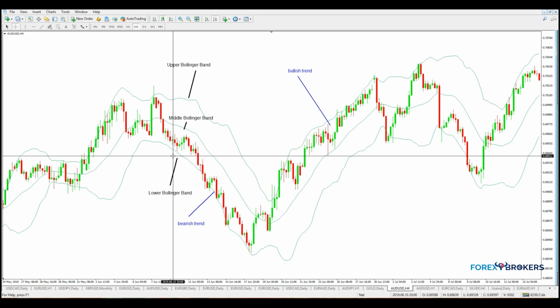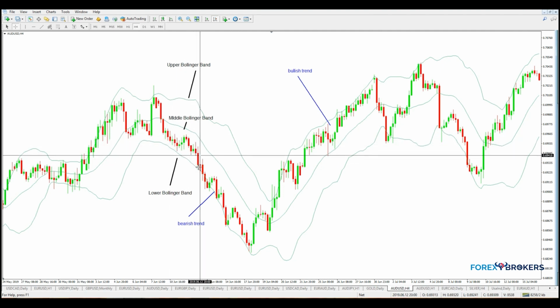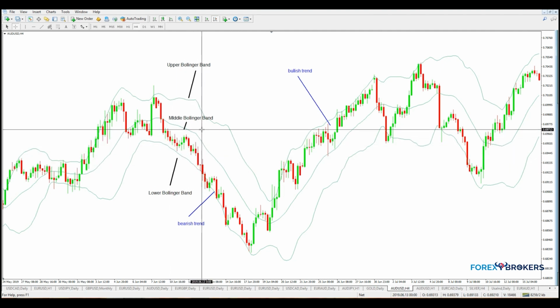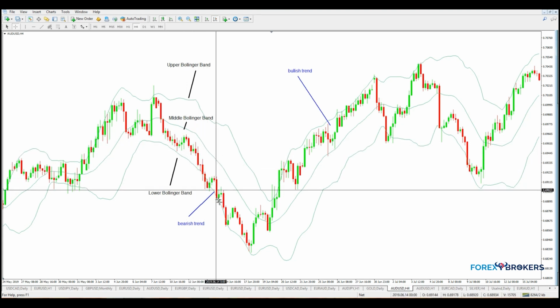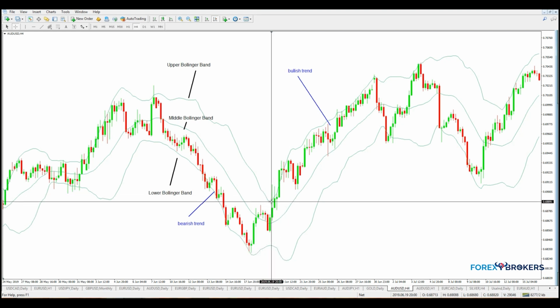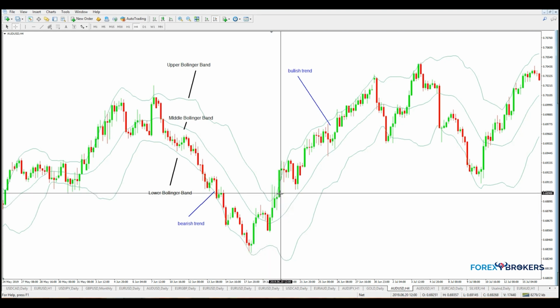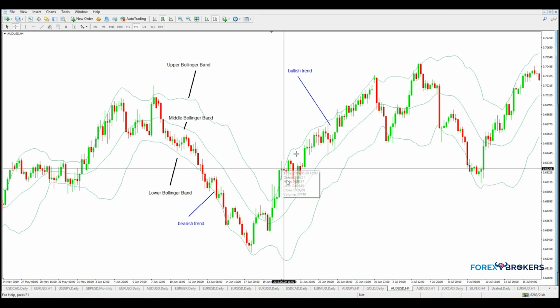The interpretation or the idea of this indicator is that any time when price remains between the middle Bollinger Band and the lower Bollinger Band, this is called a bearish price action or a bearish trend, or the other way around. Every time the market spends or rises between the middle Bollinger Band and the upper Bollinger Band, this is called a bullish trend.